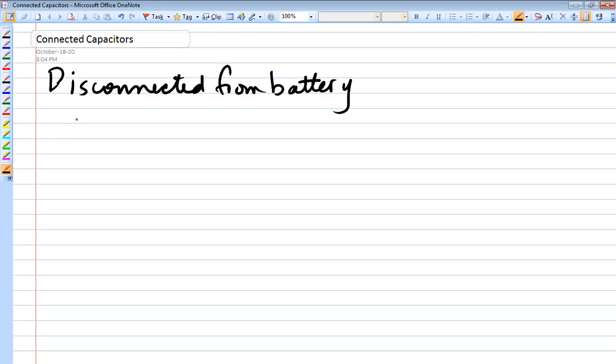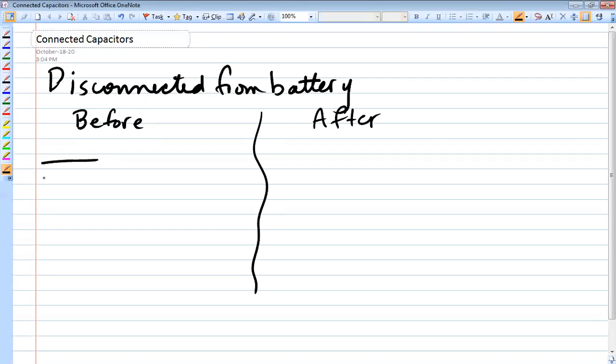Okay, so we'll always have a before and after picture. That is before they're connected and then after they're connected. Somehow these capacitors have been charged up. We don't really care how, but they have capacitance C1 and C2. They have charge on them, and it does make a difference whether you connect them plus to plus or minus to minus.